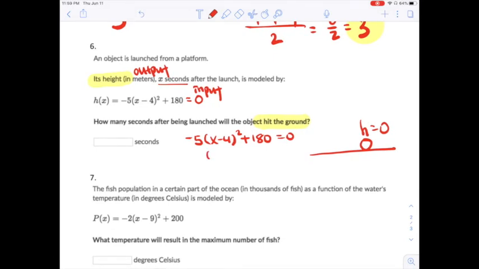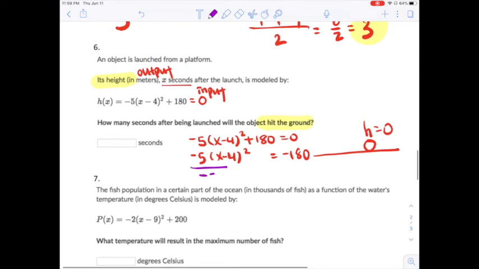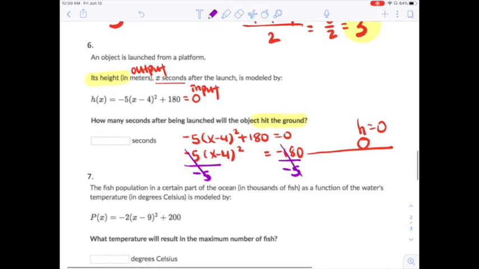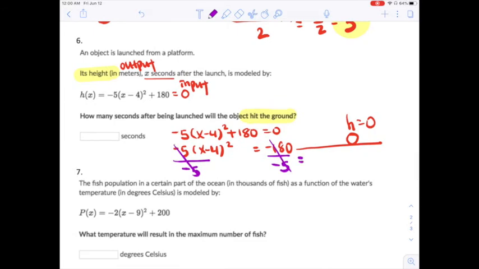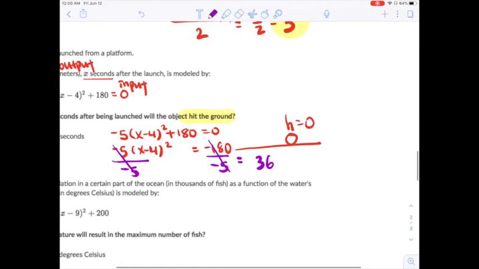So let's solve it. x minus 4 squared equals -180, right? And then we have this -5, but we need to cancel that, so let's divide both sides by -5. Then -180 divided by -5 is 36, right?